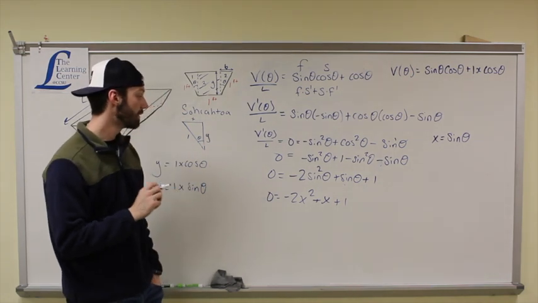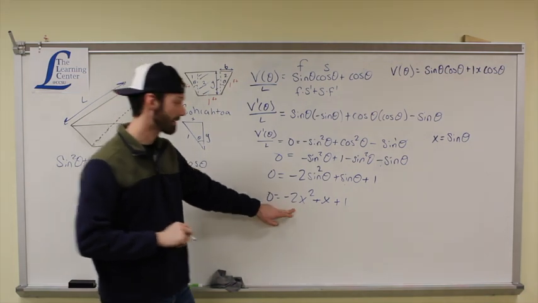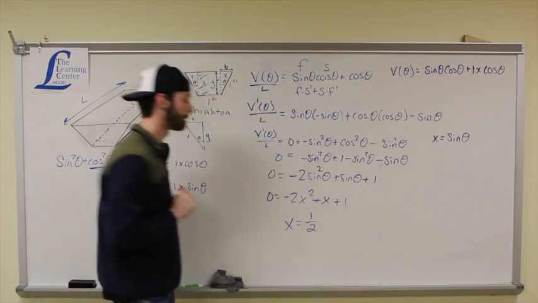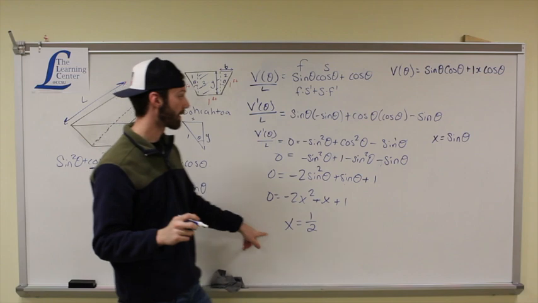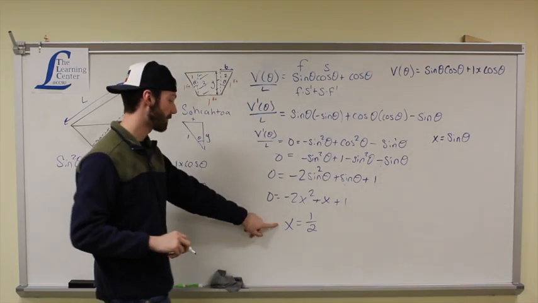And if you do solve this with the quadratic equation, you'll get the positive answer to be x equals 1/2. You can do that at home on your own calculator. So now we're going to resubstitute x for sine theta. We take this x, we replace him.